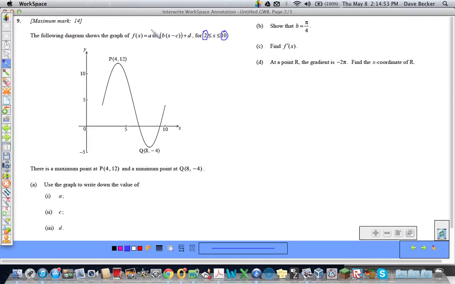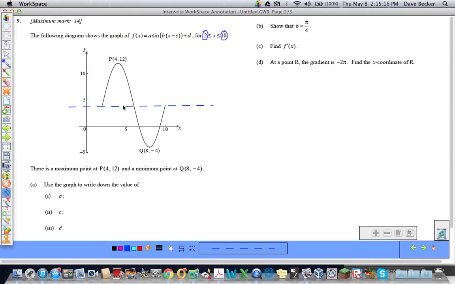A is our amplitude. It is the distance from the principal axis to the max or the min. So the principal axis is going to be right there, because look at this. Here's one cycle. That's the principal axis.